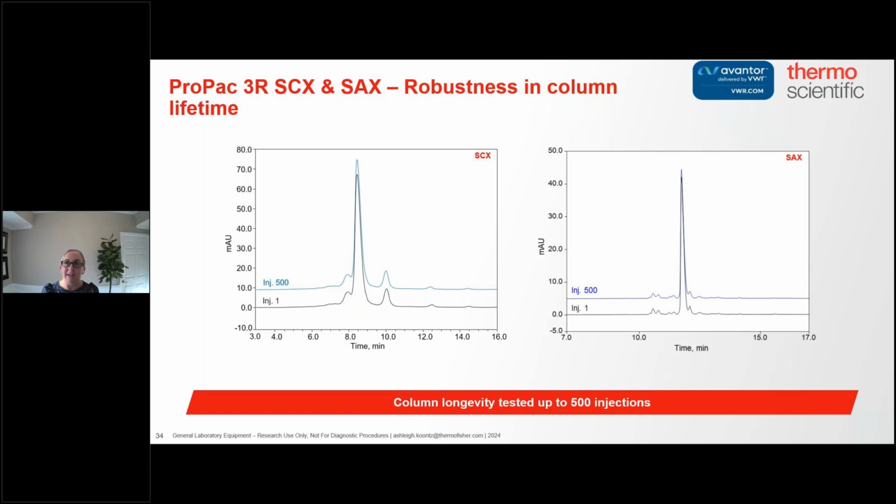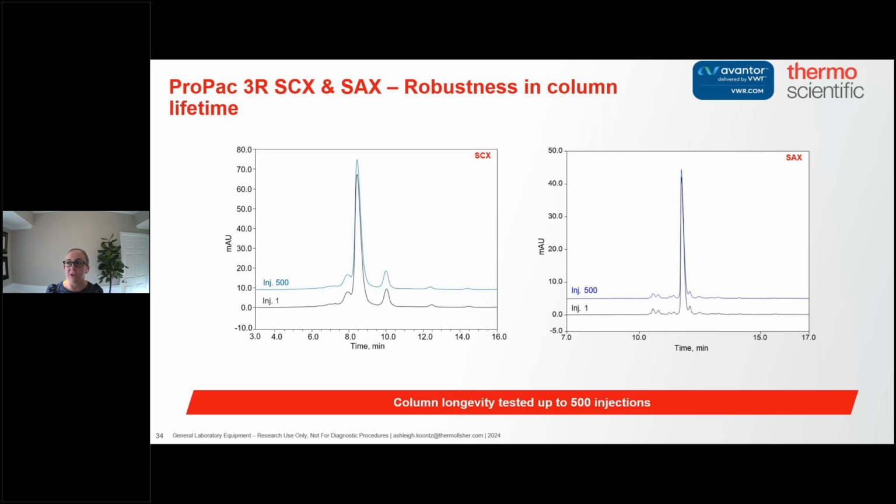And then again, going back to that robustness. Here, robustness in column lifetime. We have good column longevity, up to 500 injections for both chemistries. This is certainly modality dependent. As the expert of your modalities within your pipeline, you know whether you have a very clean sample matrix or not, so this can certainly be impacted by your specific target molecules.